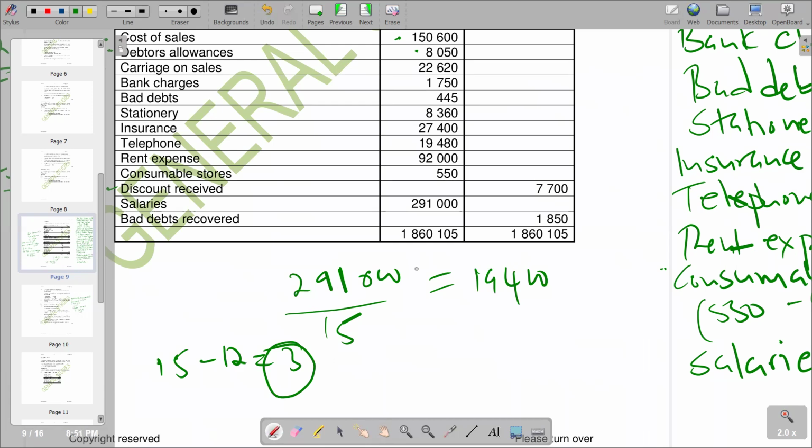Remember, a prepayment or a payment in advance is supposed to be subtracted. So we say now 19,400 per month times 3 months. Get the total for the 3 months, and we're going to get 58,200. So we're going to subtract 58,200 from the 291,000 which was paid to get the net for the period.